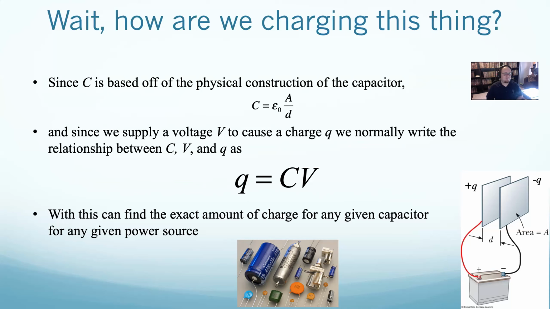What this means is that depending on any given capacitor's shape and construction, we can define exactly how much charge it can store by applying a set amount of voltage. And that's usually what capacitors are used for. Capacitors are a way to just hold charge or create a voltage.